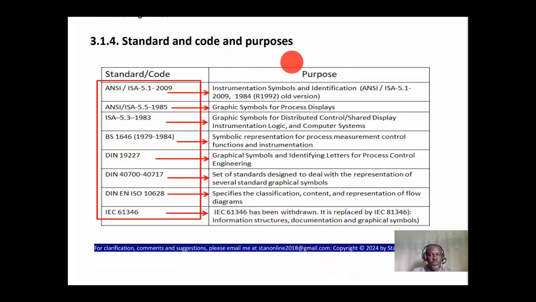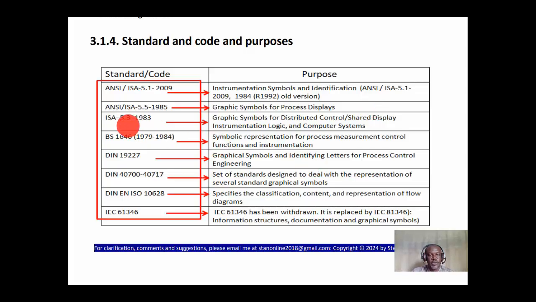Standard and code purposes. We have the standard, we have the code, then what are the purposes of each? Like the ANSI ISA 5.1-2009, the purpose of this document is for instrumentation symbols and identification.